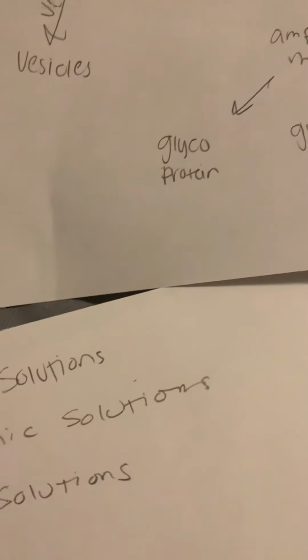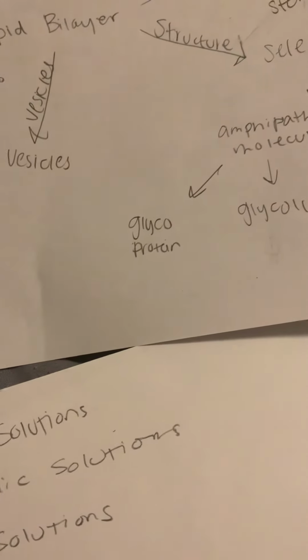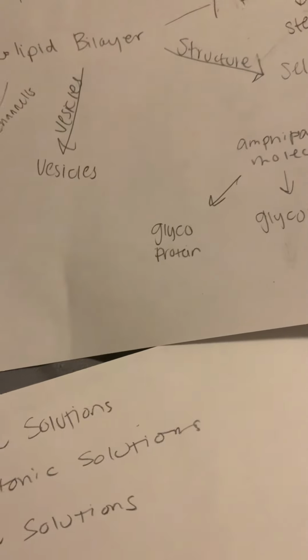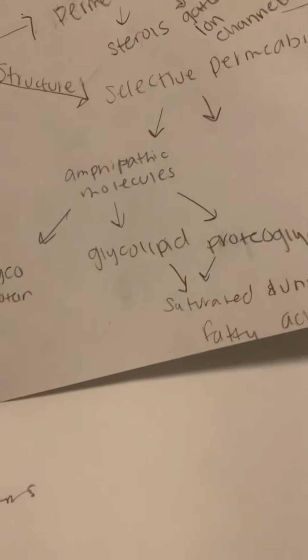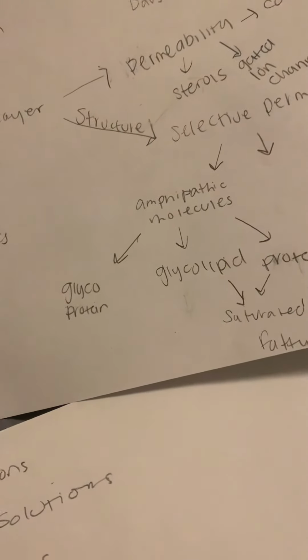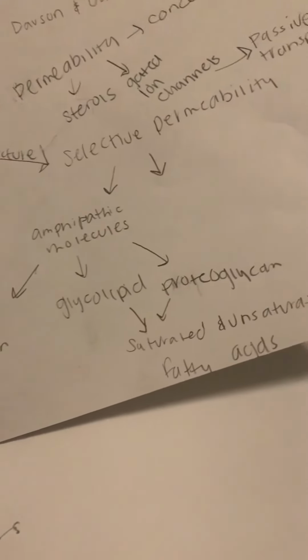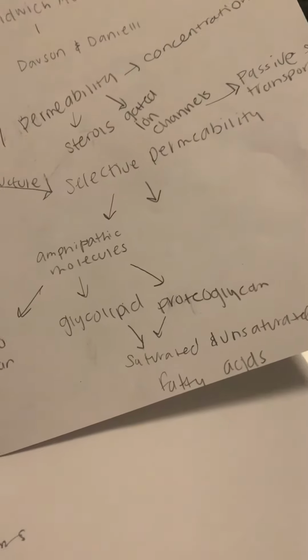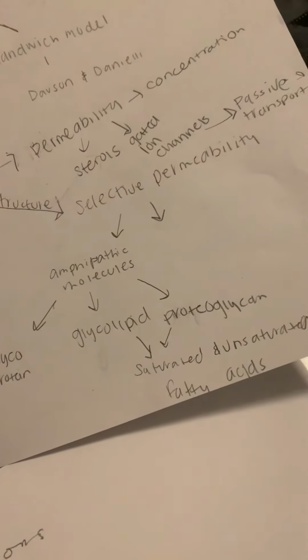And so we have glycoproteins, and glycoproteins are mainly proteins with little carbohydrates. They're relatively short oligosaccharides, and then we have glycolipids, which are carbohydrates attached to phospholipids. And then we have peptidoglycan, and this is proteins with long polysaccharide chains.